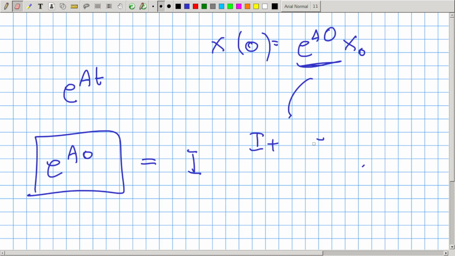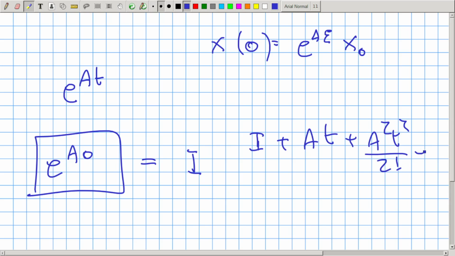Together? Perfect. If I put epsilon, a very small epsilon, what do I get? This term is going to be very small because this t is very small, and this is extremely small. What do I get? I get something that looks like the identity.